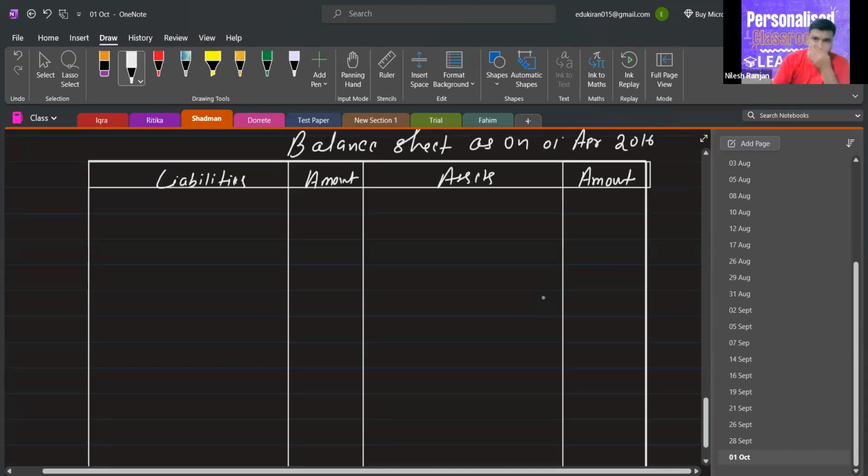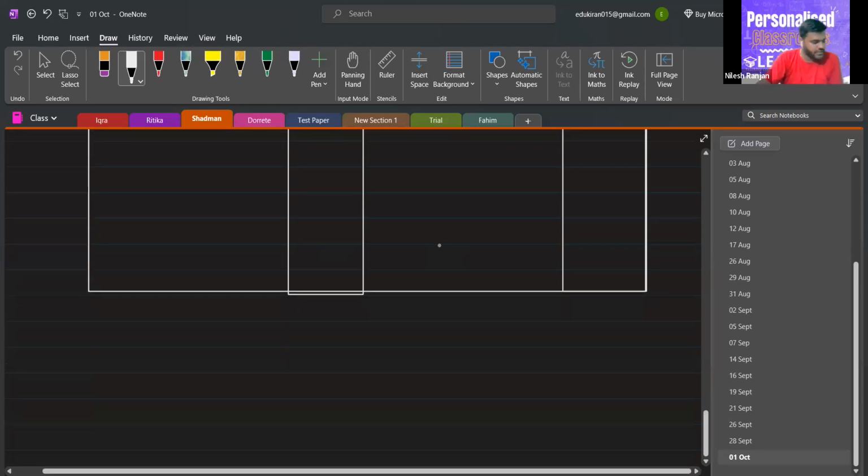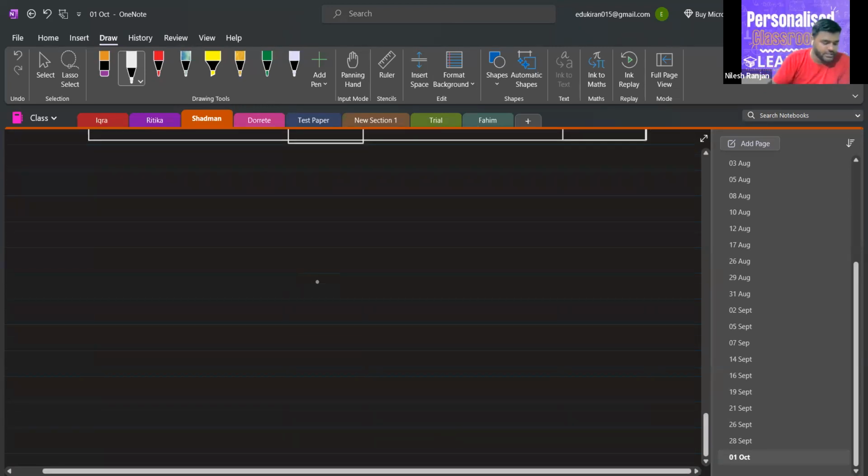First of all, goodwill of the firm was valued at 24,000. So working note number 1.